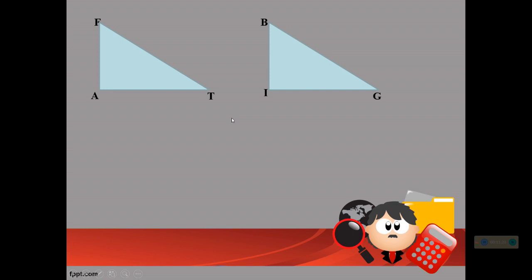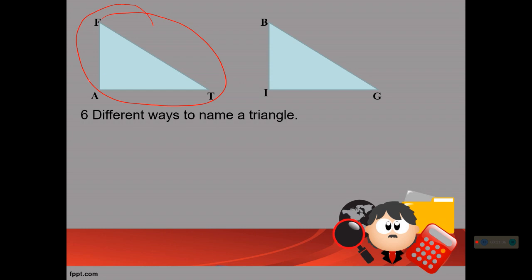Okay? So, there are these 6 different ways to name a triangle. Okay? So, let us have first the triangle FAT. Okay? So, let us have this triangle first. Okay? So, oops. A is missing. Okay.